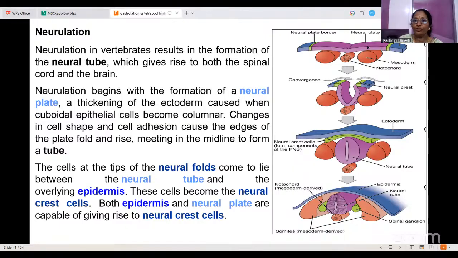This gives information for the neural plate to bend over. As they bend over the notochord, the neural crest is also being formed. And as they converge, the neural plate gets cut off to form a neural tube.